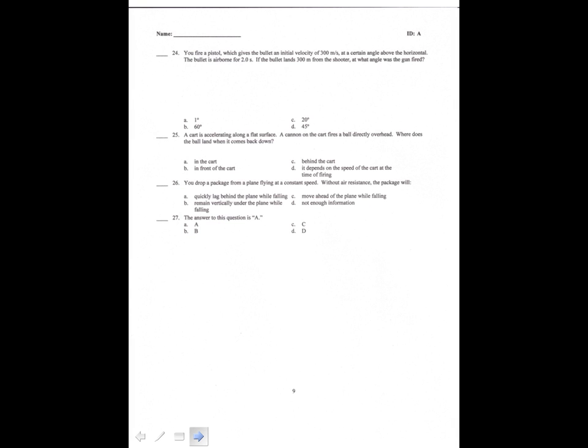Alright, you fire a pistol which gives the bullet an initial velocity of 300 meters per second at a certain angle. The bullet is airborne for 2 seconds. The bullet lands 300 meters from the shooter. What angle is the gun fired? Well, x is equal to v naught x t. So 300 meters, which is the x displacement, is equal to 300 meters per second times the cosine of the angle times 2.